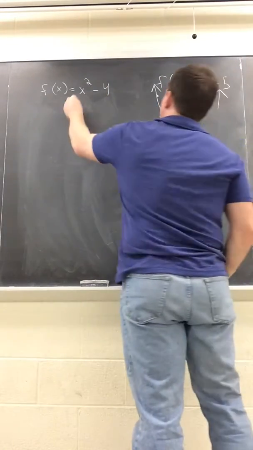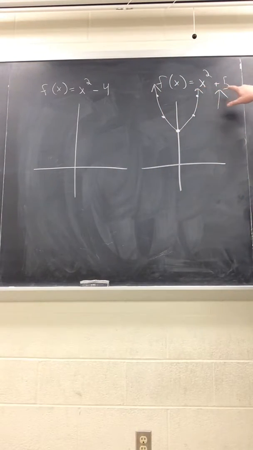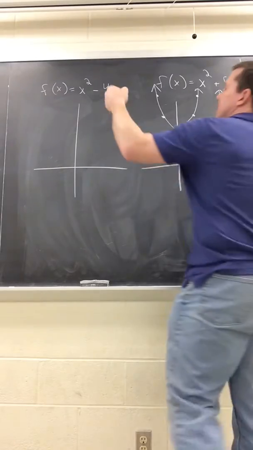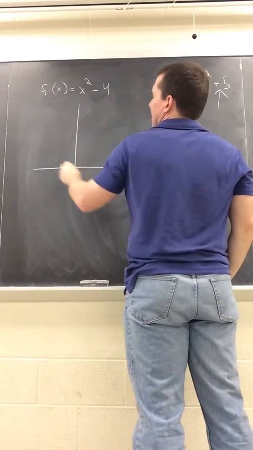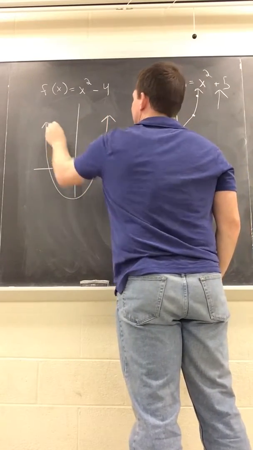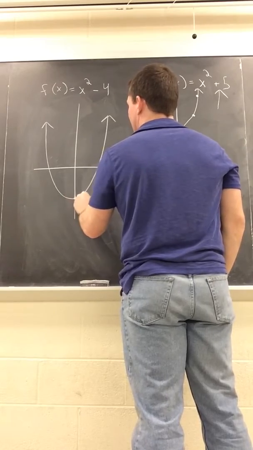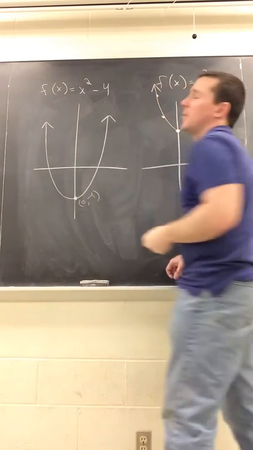You could plot points for that if you want to. But logically, if adding a number outside of the function makes it go up, then subtracting outside of the function will make it go down. And your graph will look like this. We shifted down, so this vertex will be at the point 0, -4, because we went down 4.